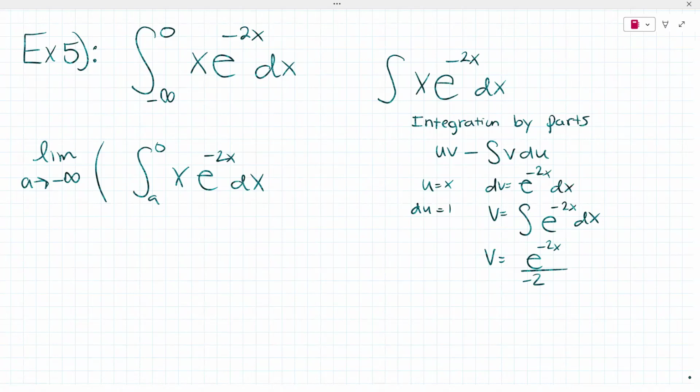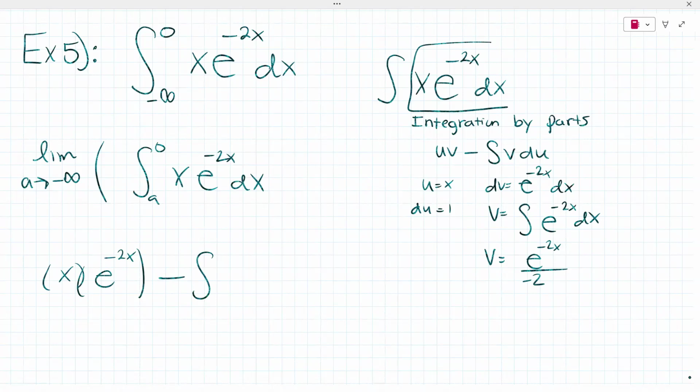So I'm just focusing on the integral of this. I'm not doing my limits yet. So it's going to be uv minus the integral of v du. So it's going to be x times e to the negative 2x minus the integral of v du.